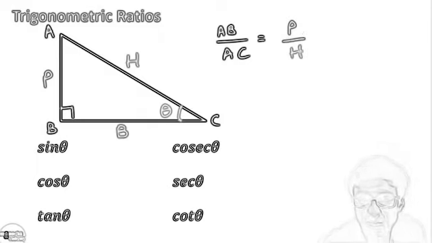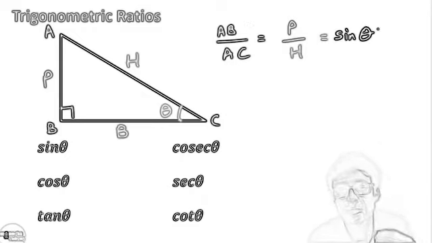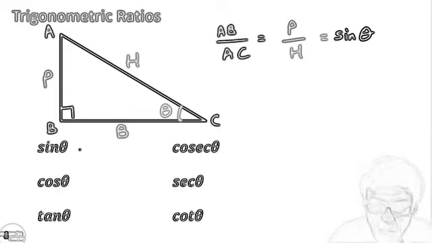This trigonometric ratio is known as sine theta. Sine theta is the ratio of perpendicular by hypotenuse. This is how it's defined. So let's write that down here. Sine theta is AB by AC, which according to our notation is perpendicular by hypotenuse.